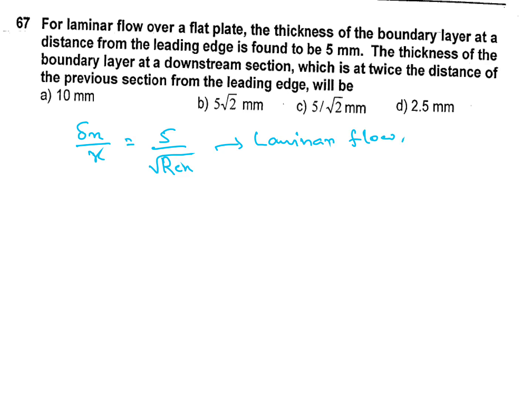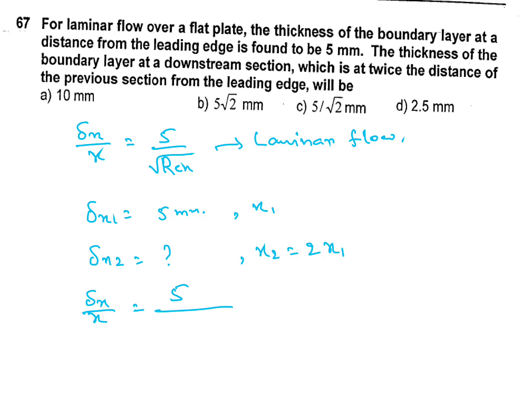So delta x1 is 5 mm at distance x1 from the leading edge. Delta x2 we have to calculate at distance x2 equal to double of that previous one. So x2 equal to 2x1. Here we have to use delta x by x equal to 5 by root of U x by kinematic viscosity.